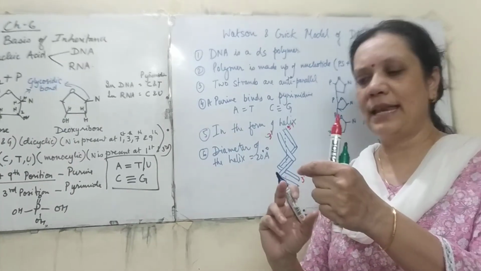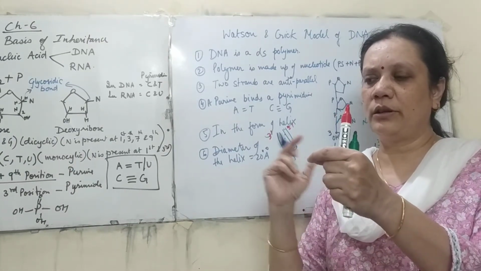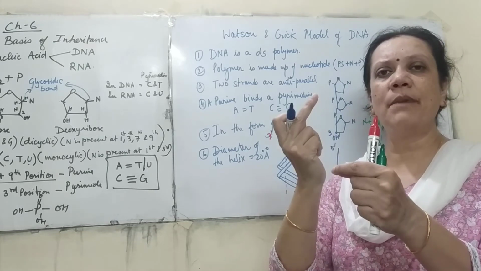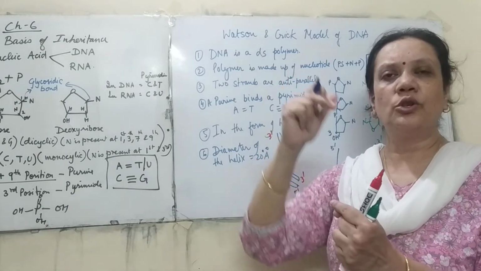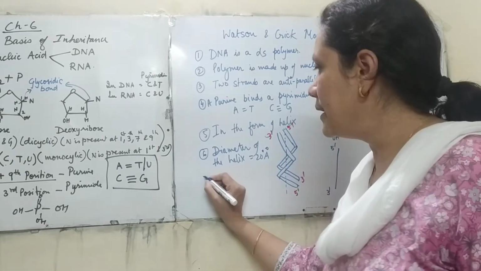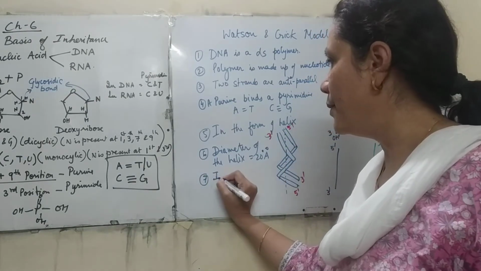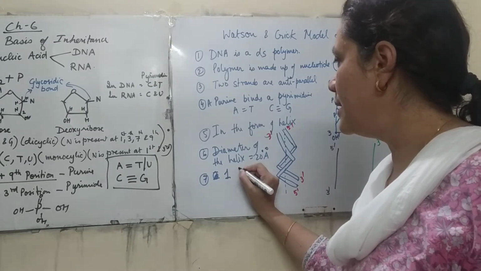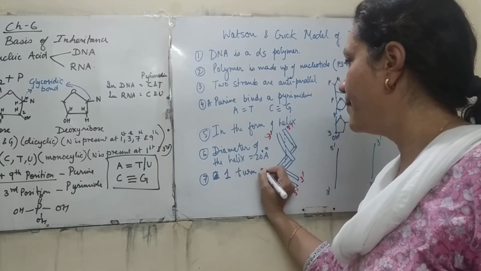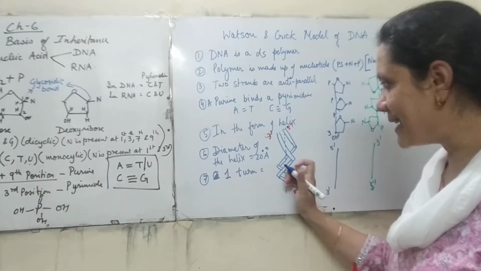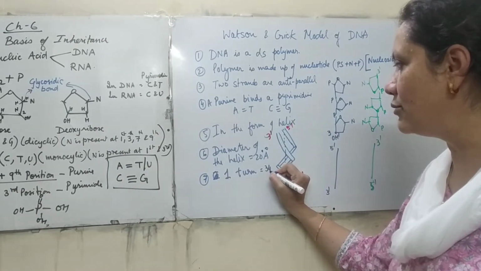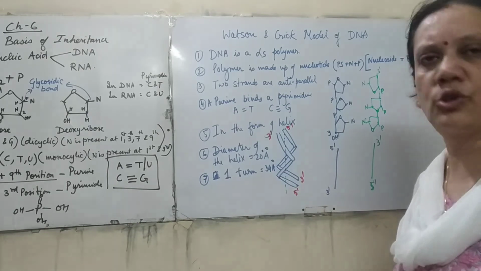As I told you in class 11, when we are taking turns, we will come exactly on the point we had started. So when we make one turn, what will be the distance of one turn? It has been calculated that it is around 34 angstrom.